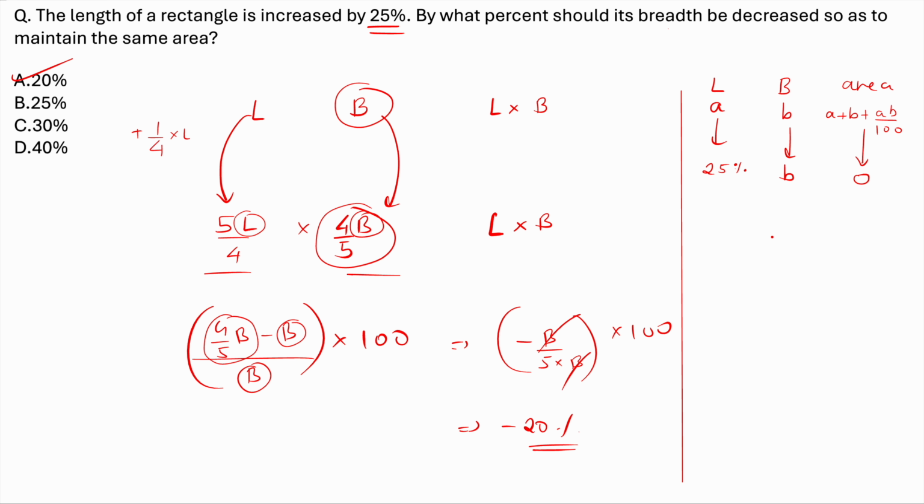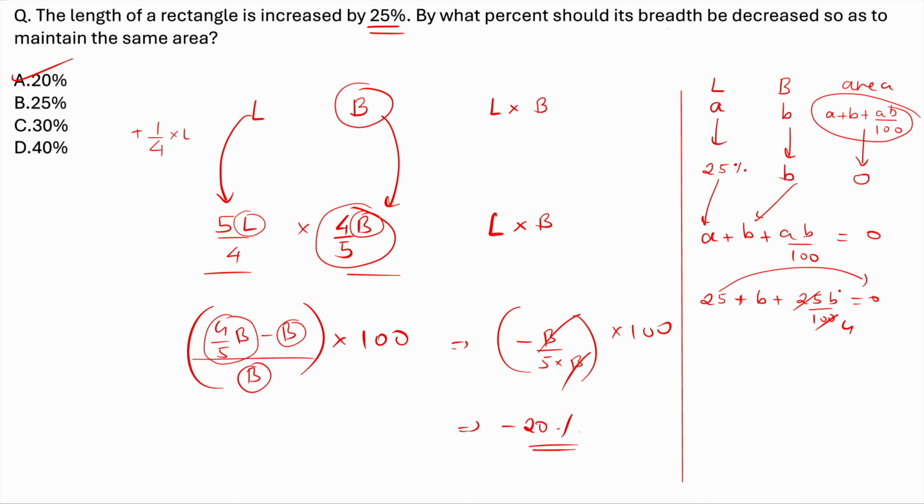So use the formula. The percentage change in the area will be A plus B plus A into B upon 100. And this should be equal to 0. Put A as 25 and keep B as B. This will be 25 plus B plus 25 into B upon 100 is equal to 0. So 25 by 4 is B by 4, and this I take on the right hand side.